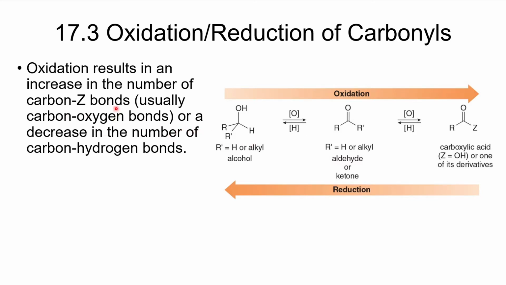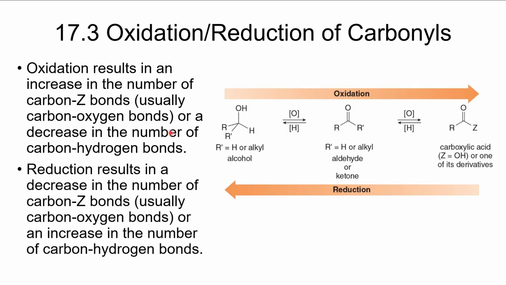So just something that is more electronegative than carbon. If we increase the number of bonds to that more electronegative atom, we are going to oxidize. We can also decrease the number of carbon-hydrogen bonds. That will also work. With reduction, it's the other way around.